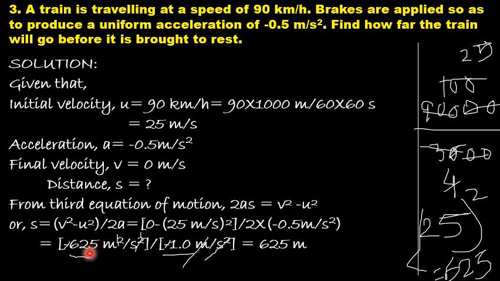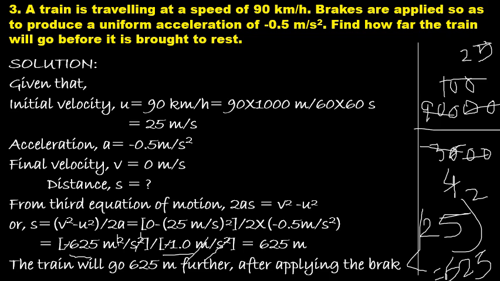So overall the value is 625 upon 1, that is 625, and the unit is meter because it is the distance. So that means the distance covered by this train before it comes to a stop is 625 meter, which is the answer to the given question. 625 meters after applying the brakes.